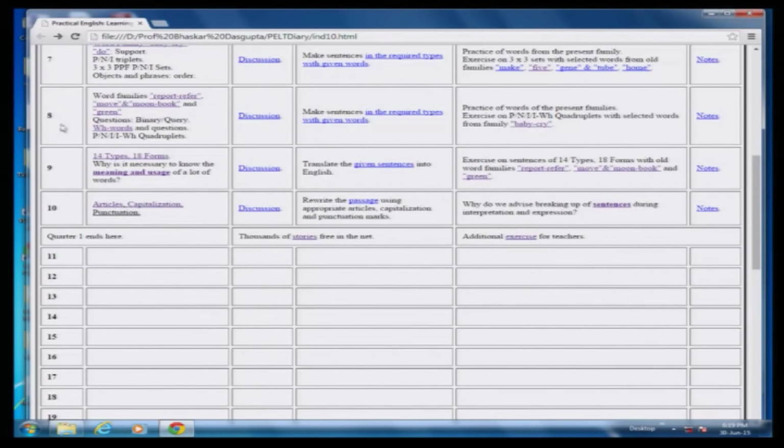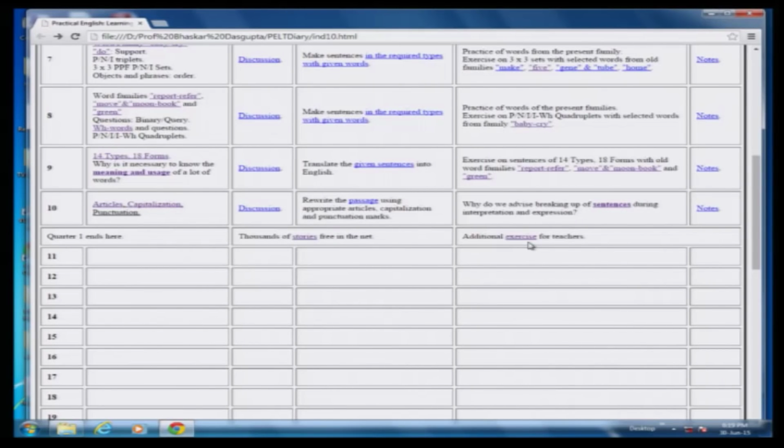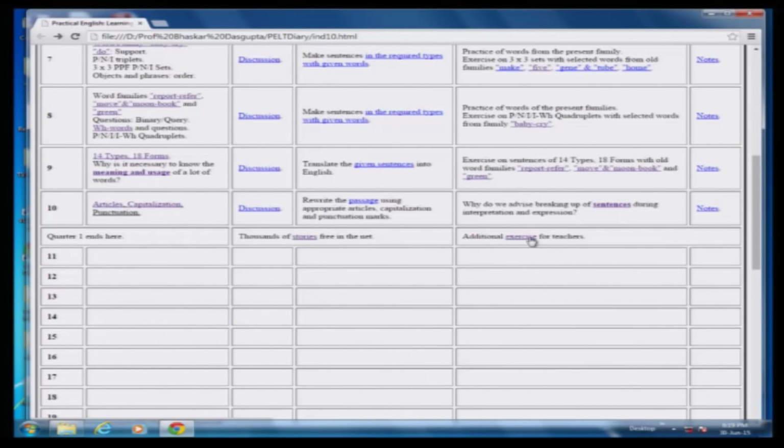And one more thing, as we complete one quarter, I have got an additional exercise for teachers. Those of you who are teachers or who want the proficiency of English as teachers to be mentioned in the certificate or in some place, from them I would expect these additional exercises also, which I will be giving at the end of every quarter.